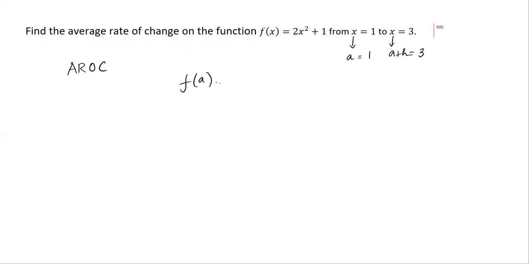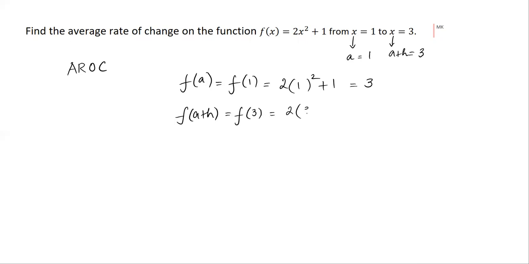F of A is basically your f of 1. So evaluate what happens when you plug in 1 in your function. So 2 times 1 squared plus 1, which is equal to 3. And then f of A plus h, which is your second point, is f of 3. Again, plug the 3 in your function, and we get 9, 18, 19.